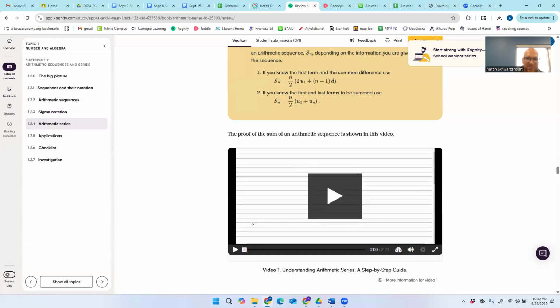This is known as Gauss's formula. Carl Friedrich Gauss is probably known as the smartest mathematician of all time, or commonly thought of as that. He came up with this version of this formula, maybe.